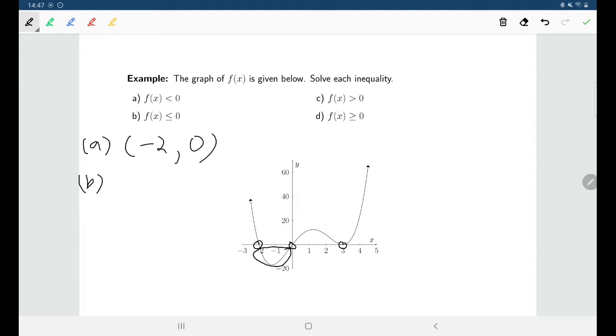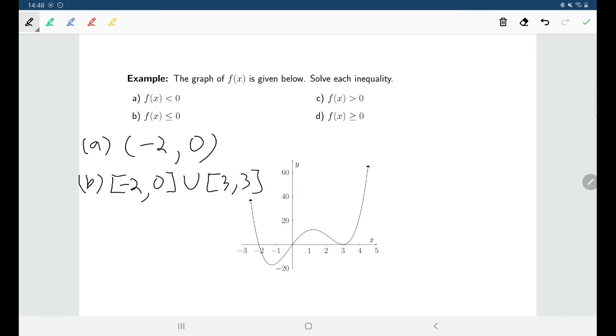So if I were to express that, and I'm just going to clear this up a little bit, I would say it would be all the points from -2, including -2, up to 0, including 0, and then, and this is the part that might look a little bit weird, to include a single value, to include that point 3 using interval notation, the single value of 3 would be all the numbers from 3 up to 3, including the 3.